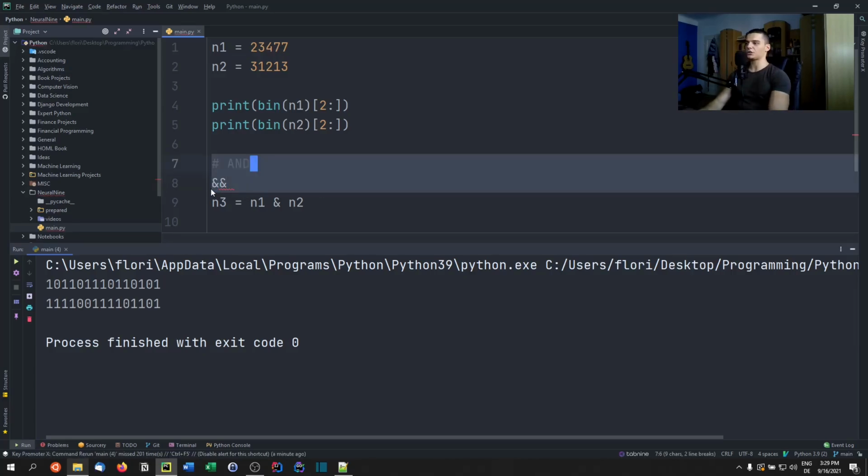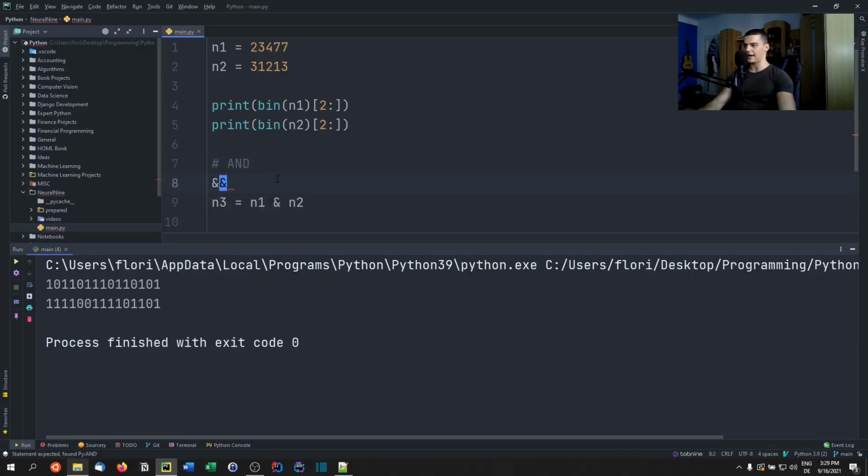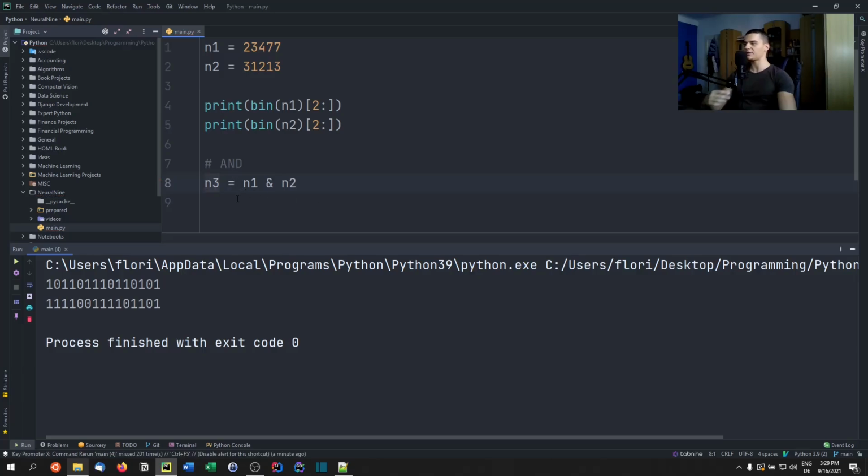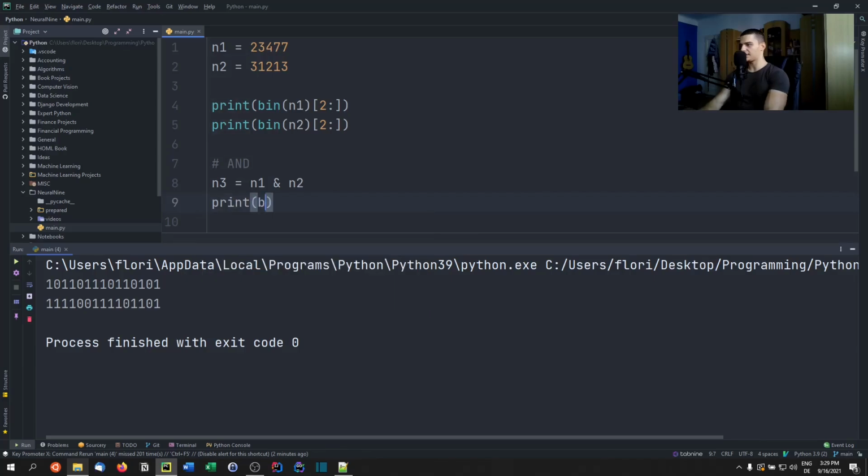For the bitwise operator, we use a single AND symbol here. So this means take the bits of number 1 and take the bits of number 2 and give me the result of the AND function. So I can go ahead and say print binary number 3, and there you go.